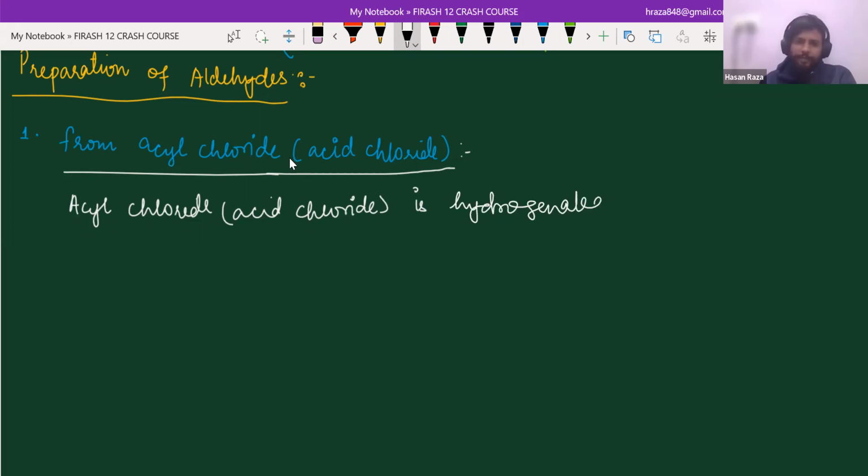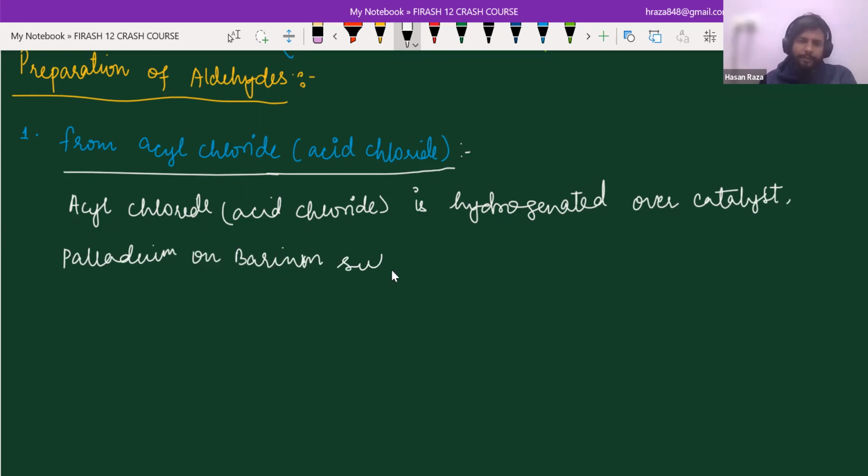Hydrogenated over catalyst palladium on barium sulfate.